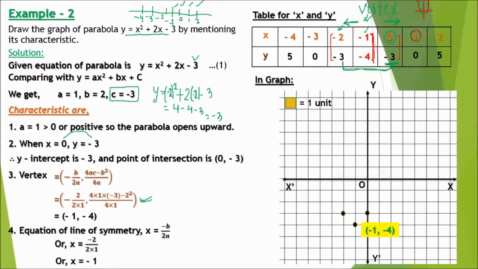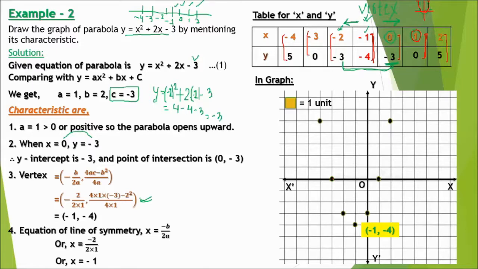Now we have to plot this point 1, 0. See, 1, 0 is there. Now we have to plot this point -3, 0. -3, 0 is right there. And finally 2, 5, and another is -4 and 5.